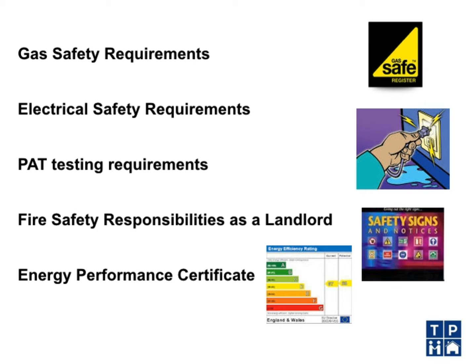In a house of multiple occupation, there is a legal requirement. It's not just a recommendation, it's a legal requirement for you to meet that in a licensed HMO. And there are various elements within the regulations that will tell you the standard that you need to go to within, let's say, each floor or the common parts, maybe the shared kitchen, shared lounge, and also if you've got your boiler in a particular area, that very often needs to have a smoke detection or fire safety measure around that.